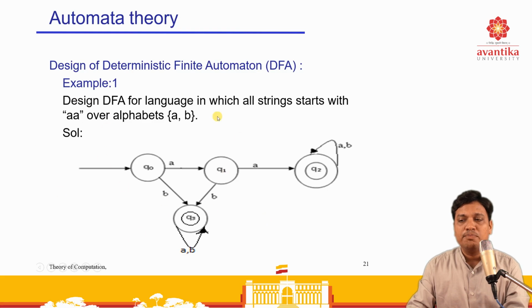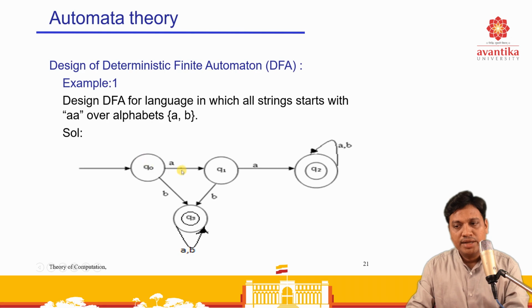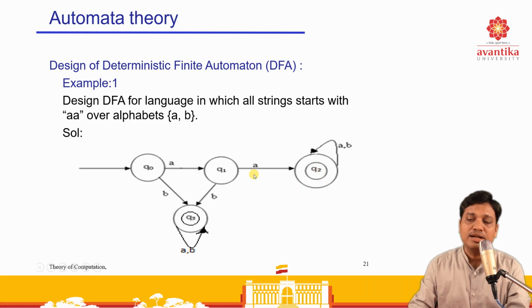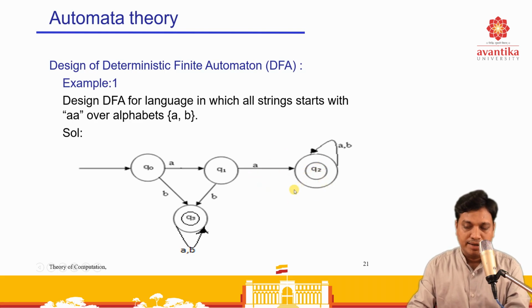Let's see an example of DFA, the basic structure of a DFA. Q0 is the initial state, a circle with an arrow. See every transition, either A or B. This one has a self loop of A, B, and Q2 is a final state. The final state is represented by a double circle.